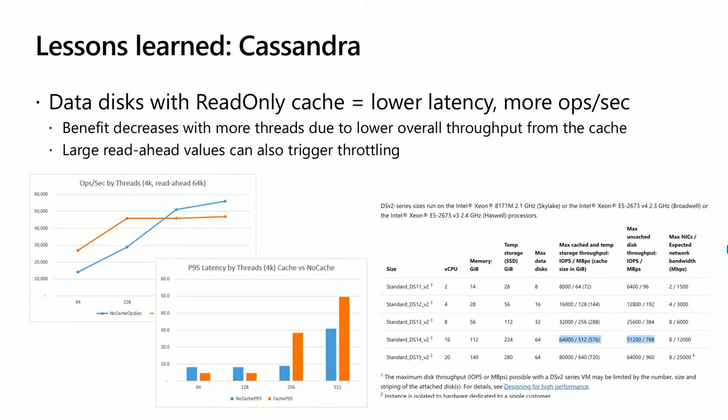Another interesting finding, and this is again with read-only cache, which is something that we see in the wild very often. By default, only the operating system disk has a read-write cache. So we see read-only cache very often. But another interesting finding from this work, which we're going to, of course, reference in the resources, it's already on GitHub, is that the read-ahead values at some point can trigger throttling.